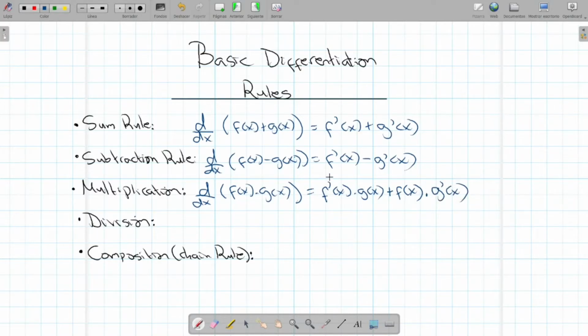So it's as if you do the derivative of the first one multiplied by the second one, plus the first one without the derivative multiplied by the derivative of the second. It's very easy to remember, as you can see.